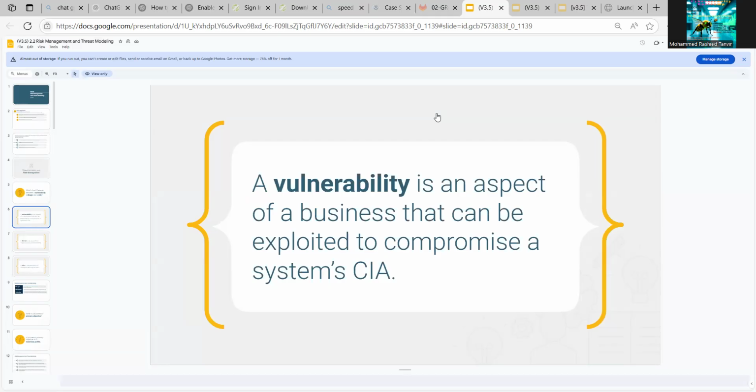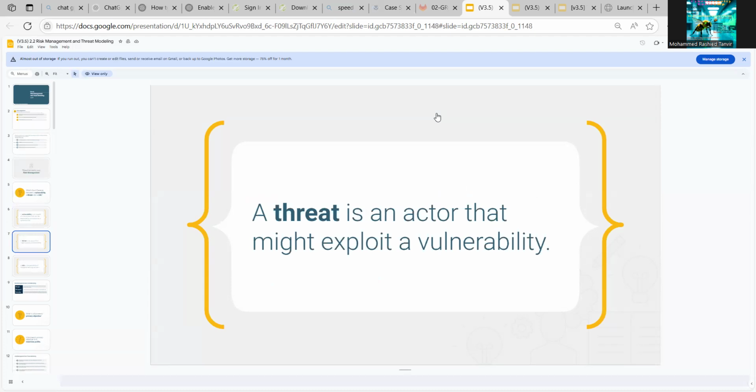Then threat. What is a threat? A threat is an actor that might exploit a vulnerability. A threat can be intentional, for example a malicious hacker stealing data, or unintentional, for example an incompetent system admin destroying the network, or a natural disaster.